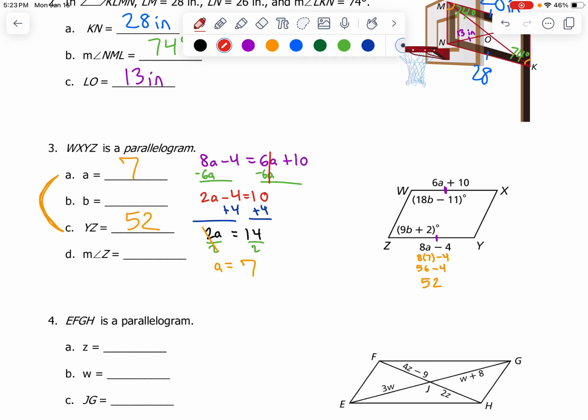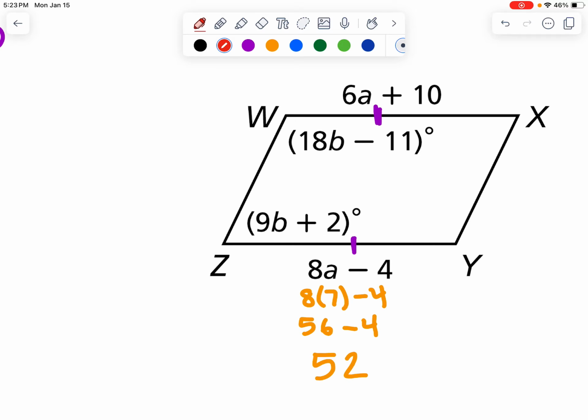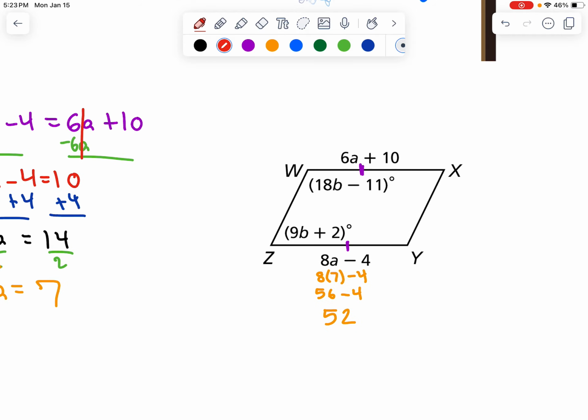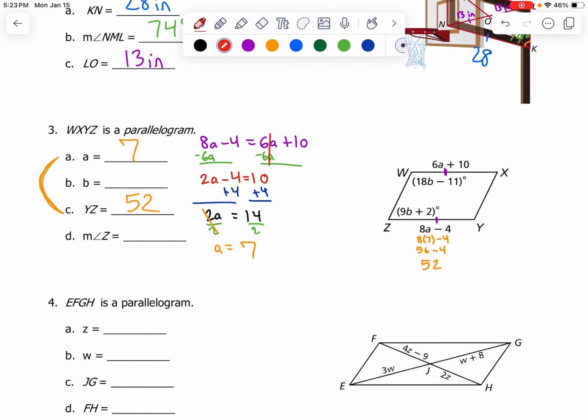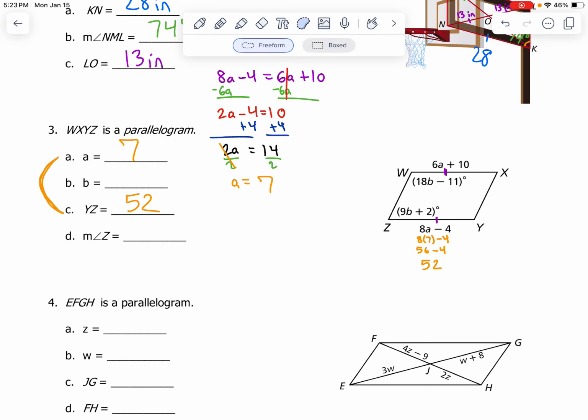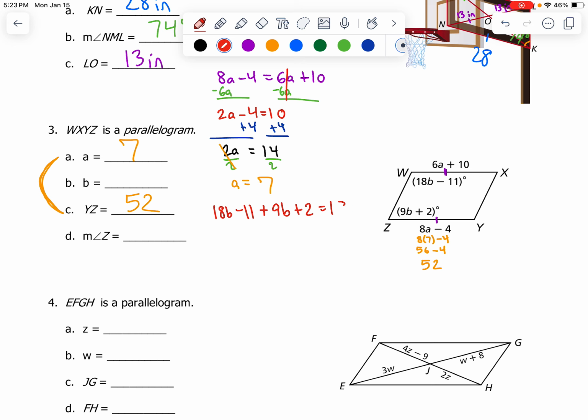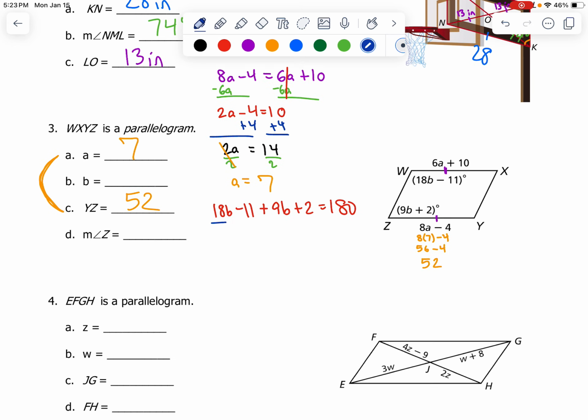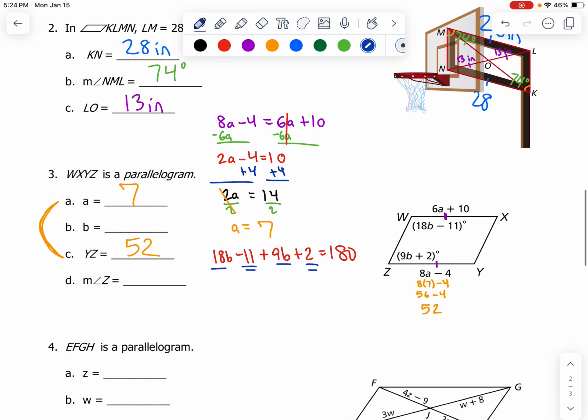Okay, and if we look again at our picture here, angle W and angle Z are consecutive angles, so we know those are supplementary. I didn't give us a lot of room to write, so maybe we could move this up a little bit, and then we can write down here 18b minus 11 plus 9b plus 2 equals 180. We are going to combine like terms first. 18 plus 9 is 27b.